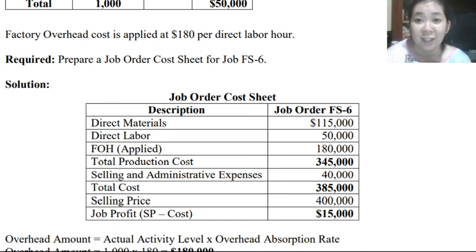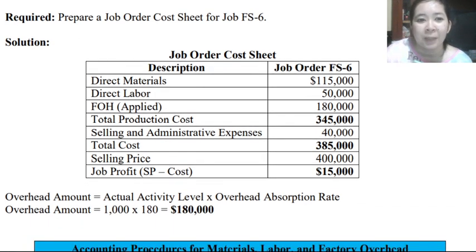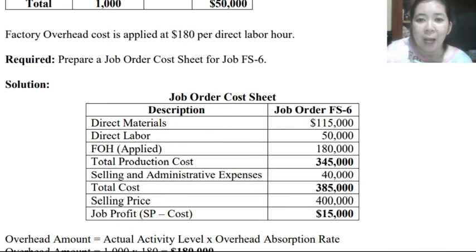But again, this is just an illustration. We can have our own format. So those are our source documents that are used in our job order costing, which are also used to prepare our job order cost sheet, as well as in recording these transactions in the books of the entity.